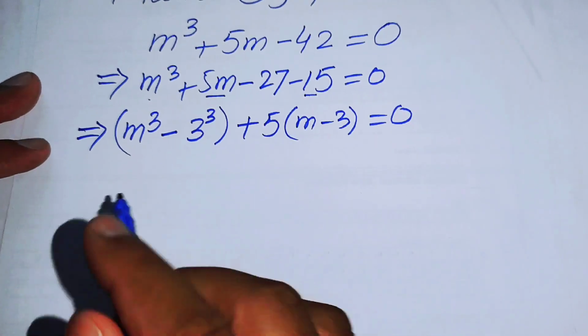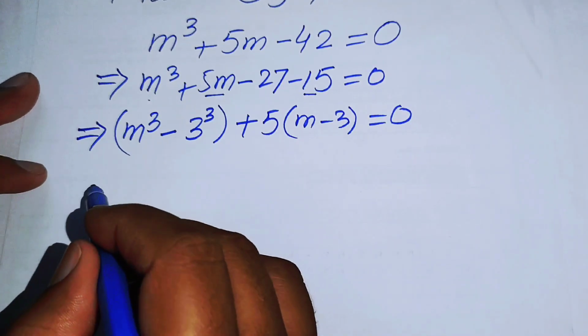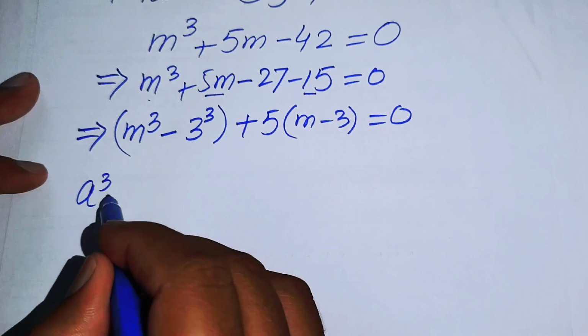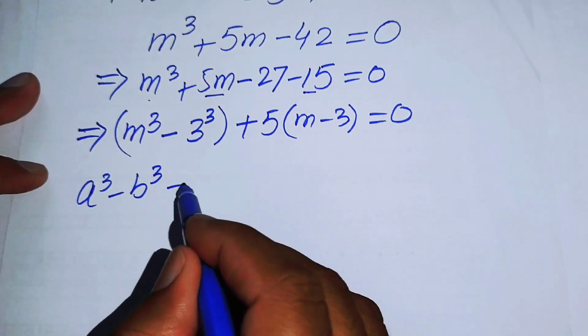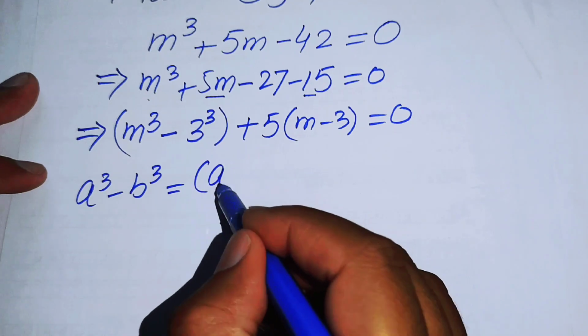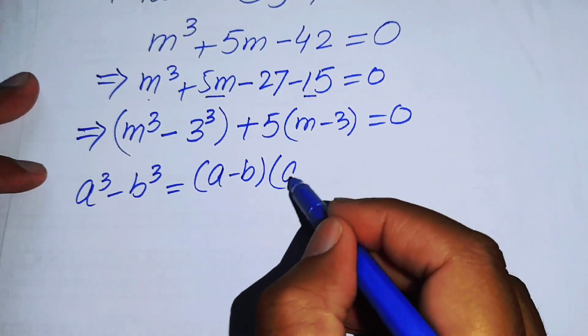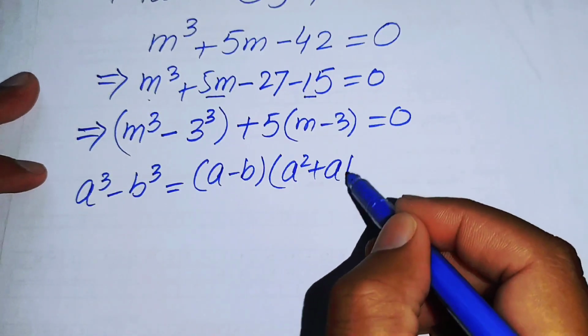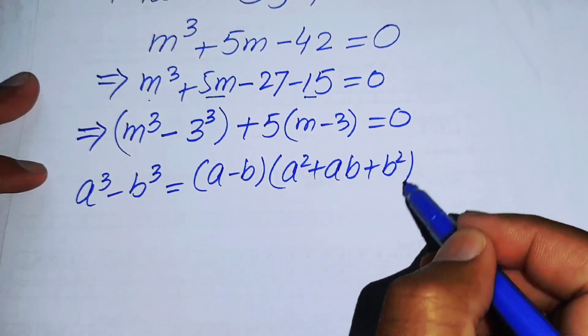After that we can apply here the cubic formula, and you know that if we have a cubed minus b cubed, it is equal to a minus b times of a square plus ab plus b square.